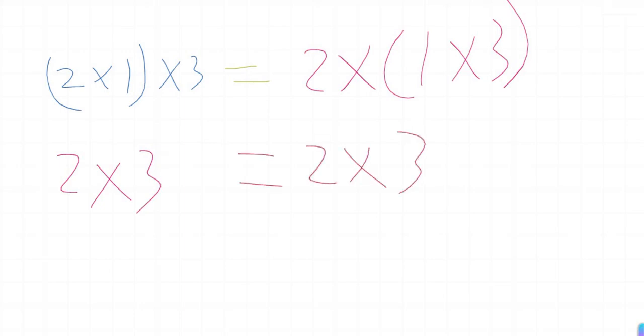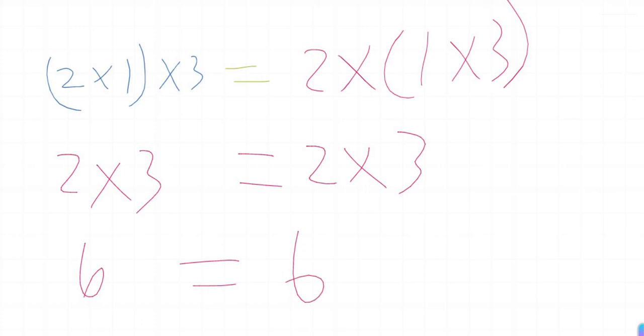And if you look at it, we're actually having the idea of the commutative property. And if we have the commutative property, then we get the same thing. We get 6 over 6. So we actually see it works with the associative property.